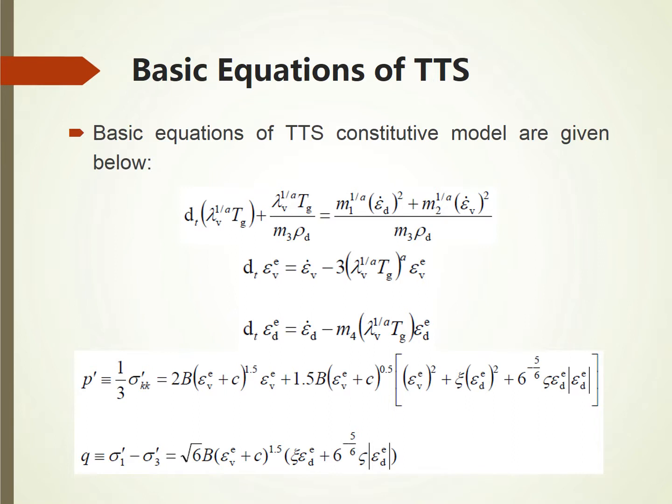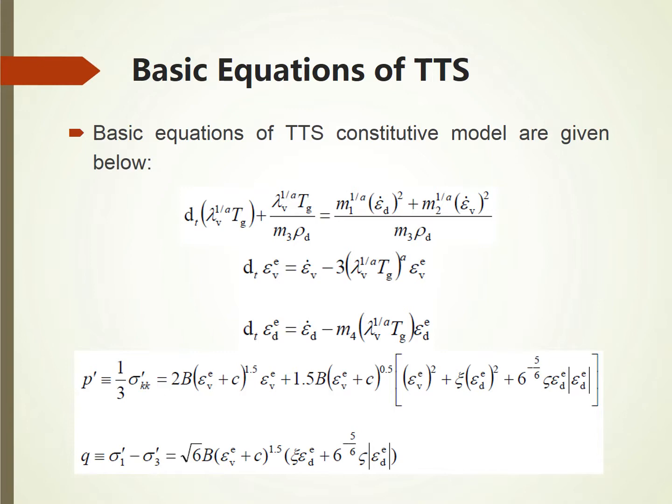So the basic equations of the TTS constitutive model are given below. The first equation is the granular entropy equation. The second and third give the bridge between the granular entropy and the real entropy. And the last two equations are for the elastic part.